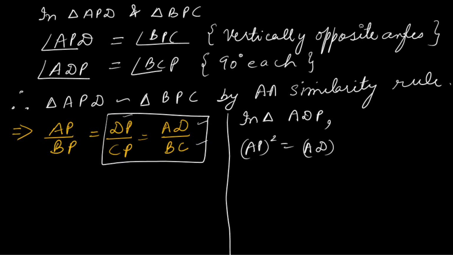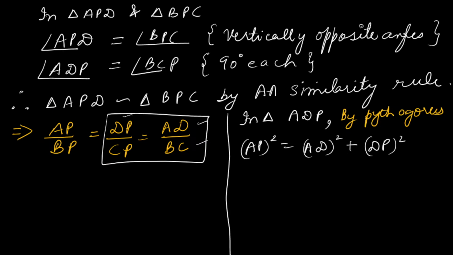AD square plus DP square. So this is by Pythagoras theorem. So Pythagoras theorem we can always apply in right angle triangle.